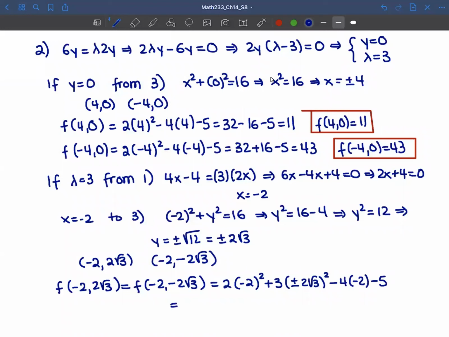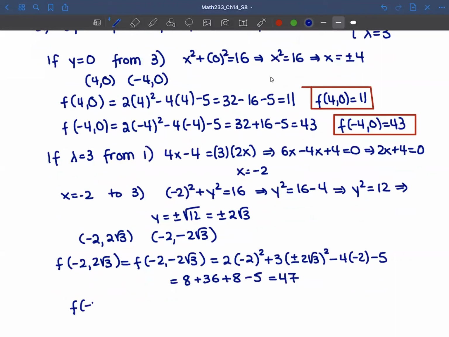So that will give us 8 plus 36 plus 8 minus 5, which is equal to 47. So the value of the function f at the point (-2, 2 square root of 3) is equal to the value of f at (-2, -2 square root of 3), and it is equal to 47.